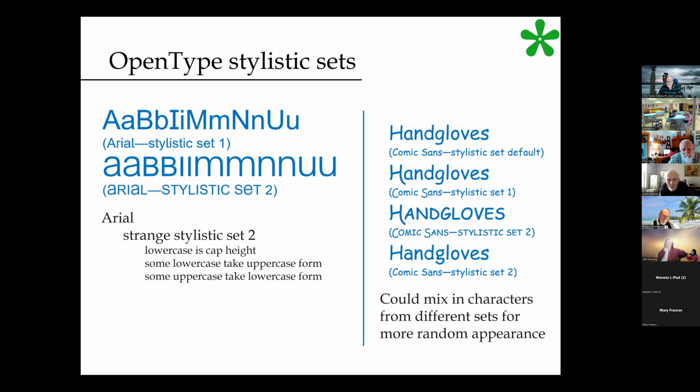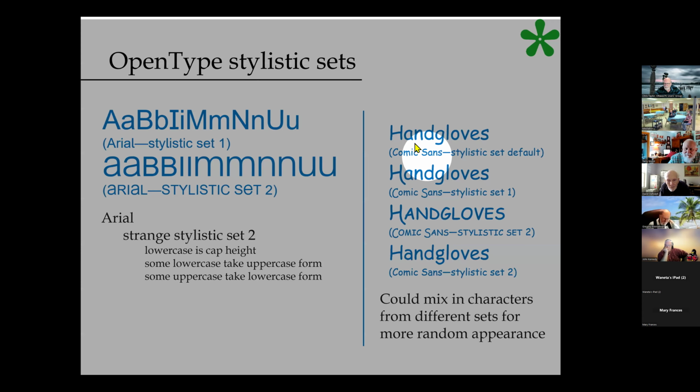Common Sans actually has different stylistic sets built into it. So what you could do on something like that is if you have, say, a signage or something like that, and you have a bunch of lowercase letter A's, they don't all have to look the same. You could choose particular characters and say, okay, for that A, I'm going to use the default. For this A, I'm actually going to go in and choose stylistic set 2, and then I will have a different letter A at that particular point on the sign.